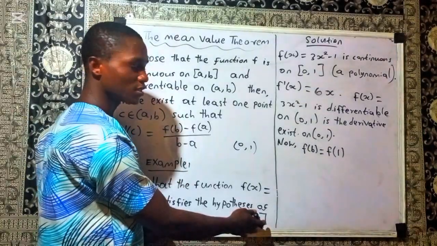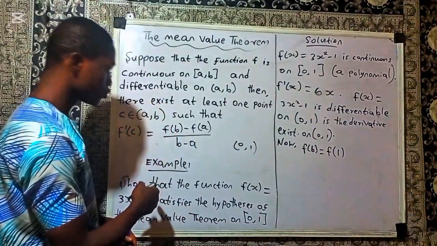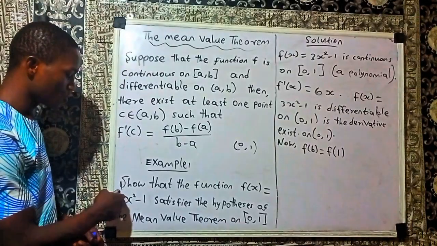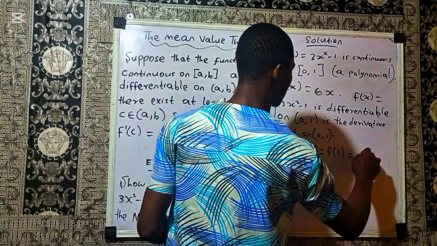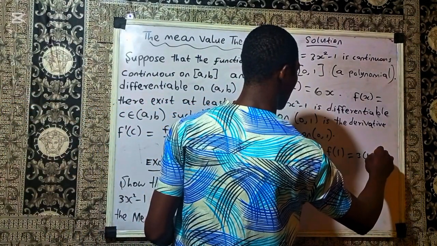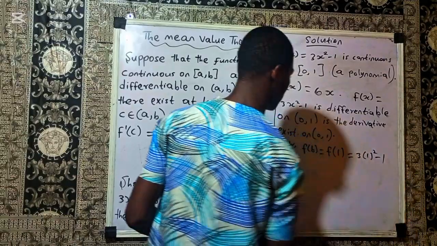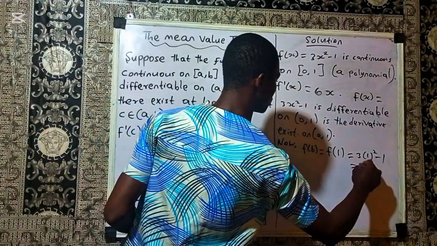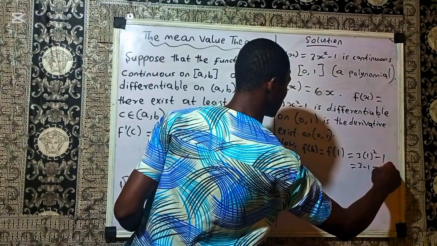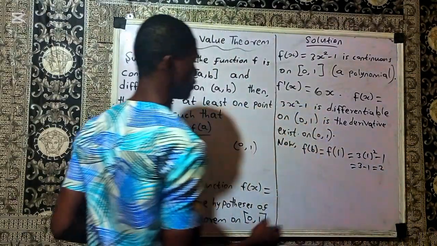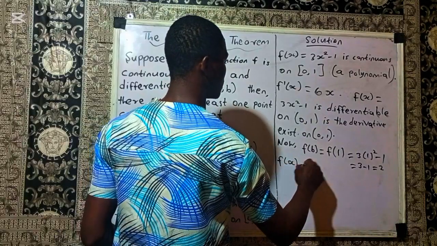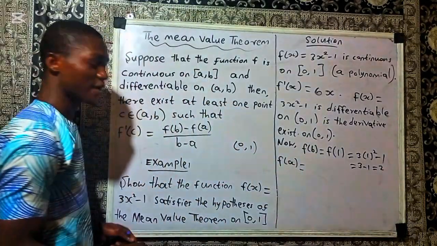The last point of this interval is 1. So we replace x with 1. This will be equal to 3 times 1 squared minus 1. So this will be equal to 3 minus 1, and this equals 2. Right? Then f at a. a is the first point.